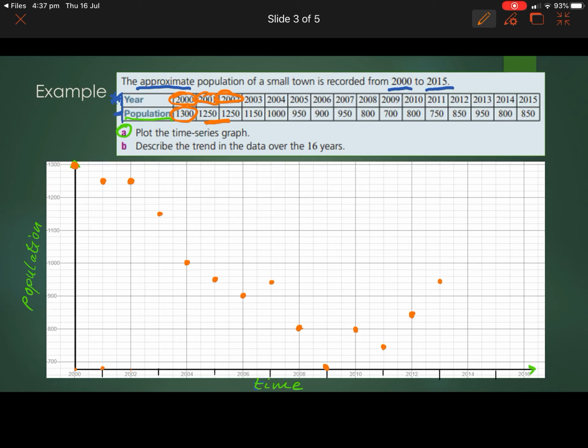And 2014, 800, almost there. 2015, 850. There we go.